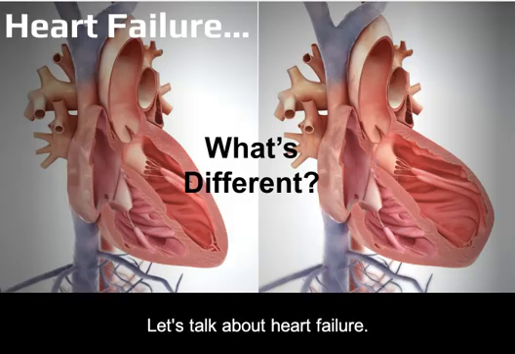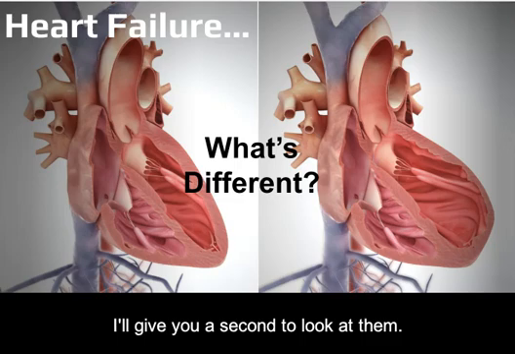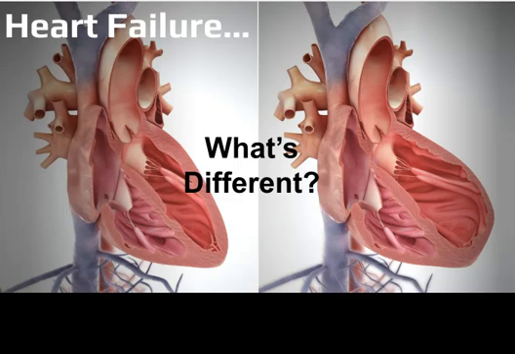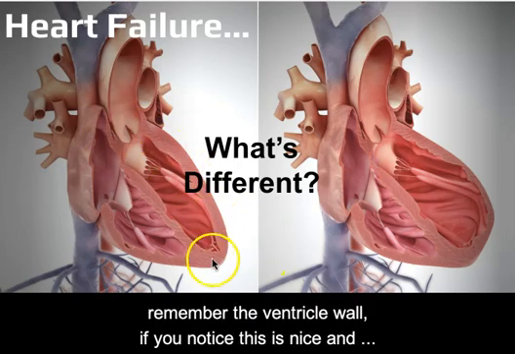Let's talk about heart failure. If you look at these two pictures here, what do you see? What difference do you notice? I'll give you a second to look at them. If you notice, remember the ventricle wall?